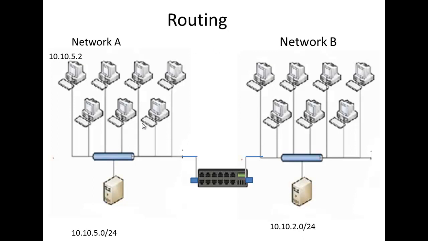Now let's look at network A. Let us say, for example, that a computer 10.10.52 wanted to communicate with a server or another computer on network A. What will happen is that when the request is sent out, the network will know that that computer or server belongs to the same network because all of them will have the same address.